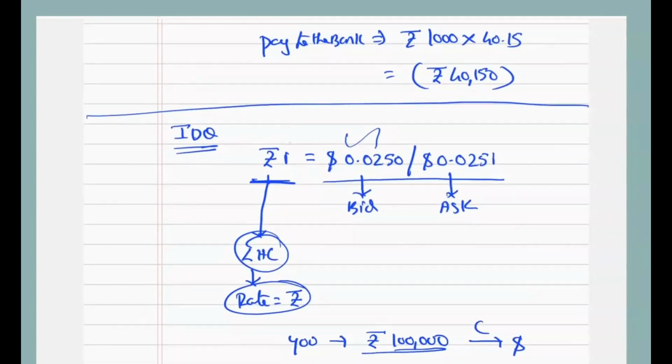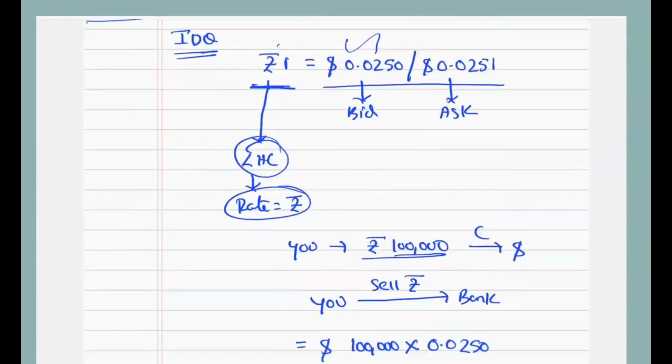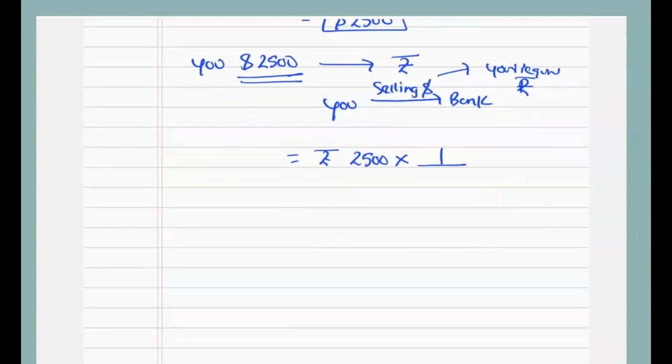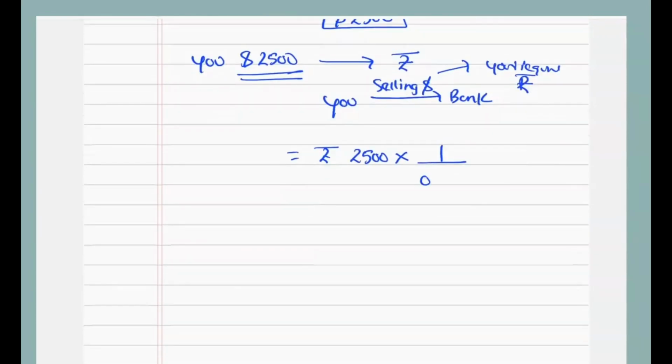So the bank will be selling rupee at the ask rate, which is 0.0251, which is in the denominator. So the applicable rate is the ask rate: the bank is selling rupee at 0.0251. So how much will you get? You have $2,500 in your hand, and this is your ask rate, so 1 divided by 0.0251, because it is an indirect quote.